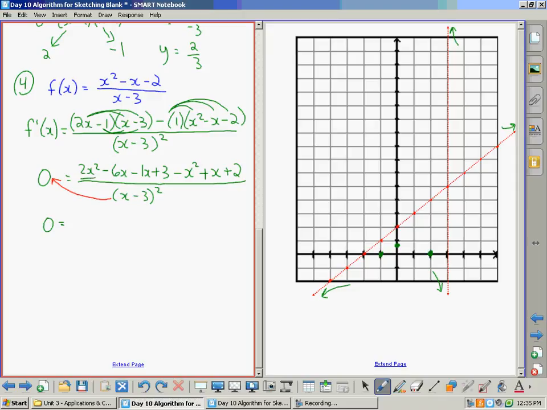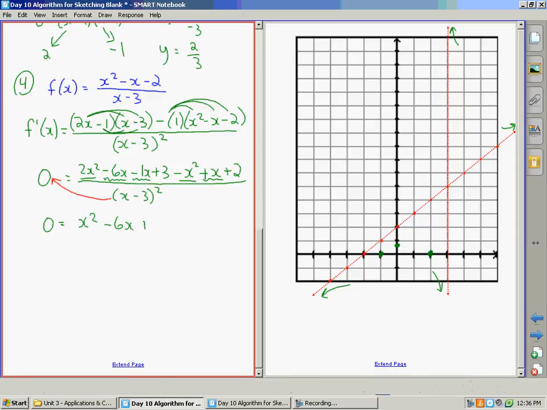So I'm going to collect like terms. I've got 2x squared and a minus x squared is just x squared. And then I've got a minus 6x, a minus 1x, and a plus 1x, so that's minus 6x. And then a 3 and a 2 gets me a 5. So just like in the one in the warm-up, and I think this is the exact one in the warm-up if I remember correctly, I can factor this.